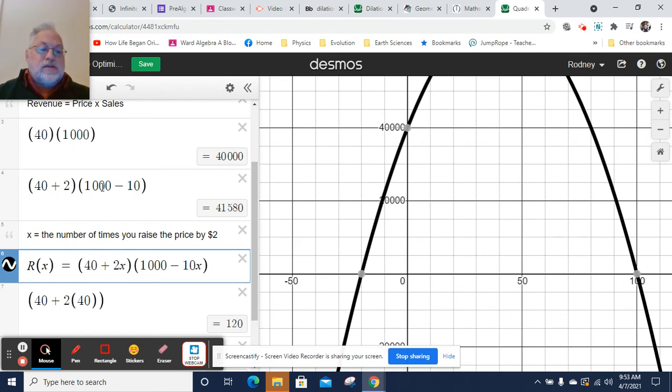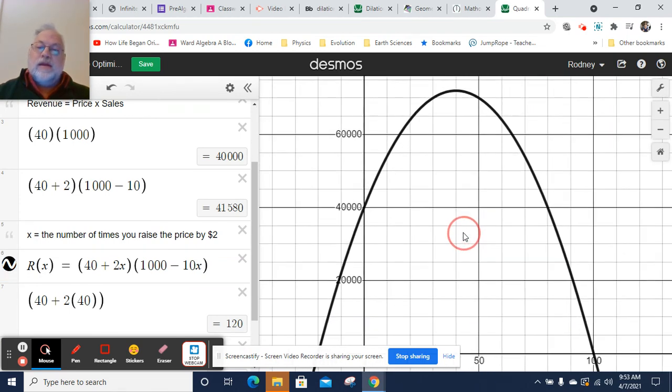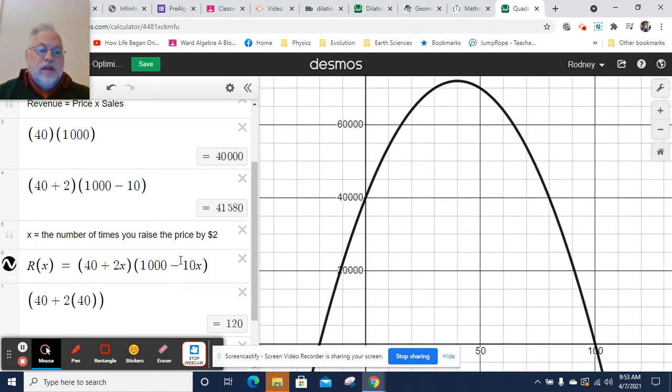And then we change this 1,000 minus 10 to 1,000 sales minus 10 sales lost for that $2 increase to 1,000 sales minus 10 times any number of price hikes. And then we've got a sales equation or expression. So price expression times sales expression gets us our overall parabola, and that's graphed right here. And once again, 2 linear equations multiplied times each other got us a quadratic polynomial.